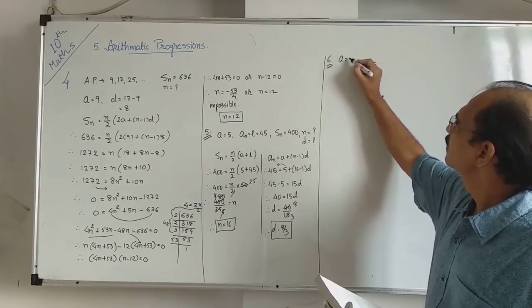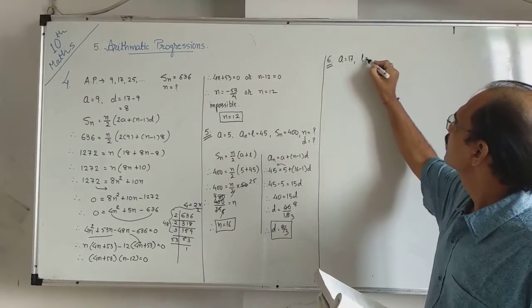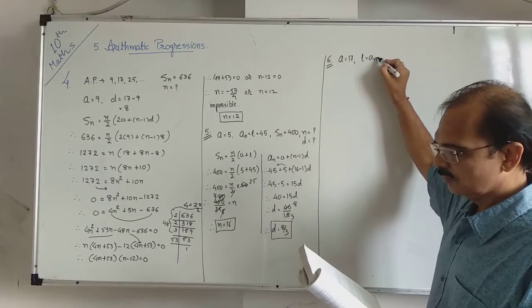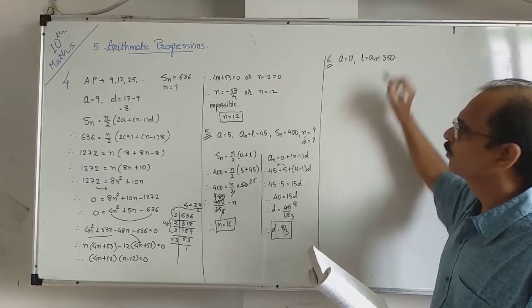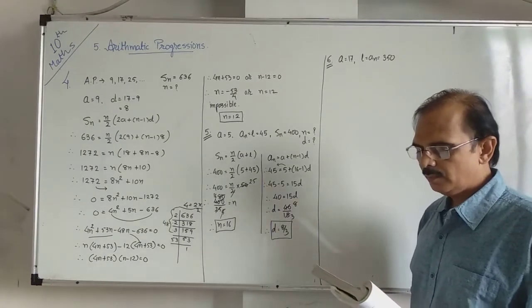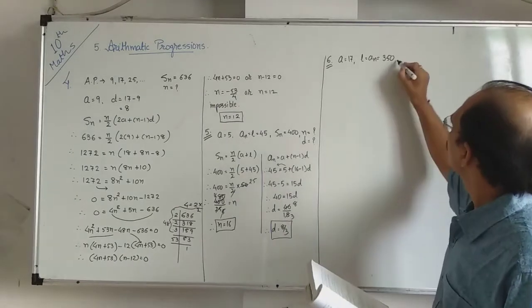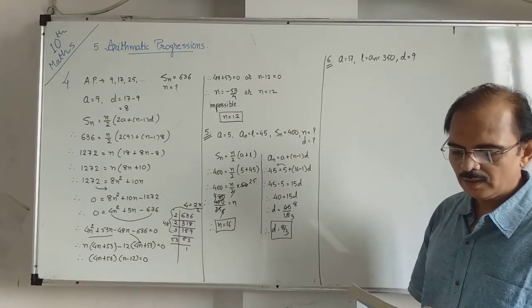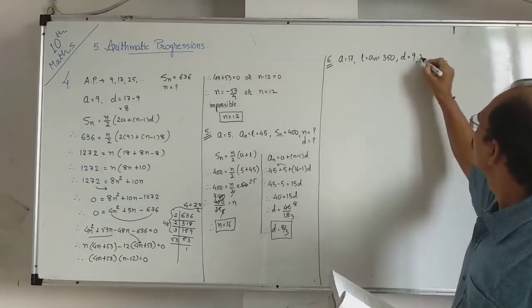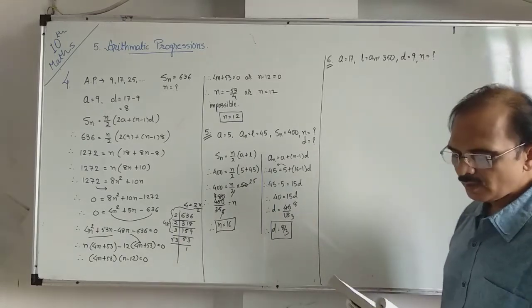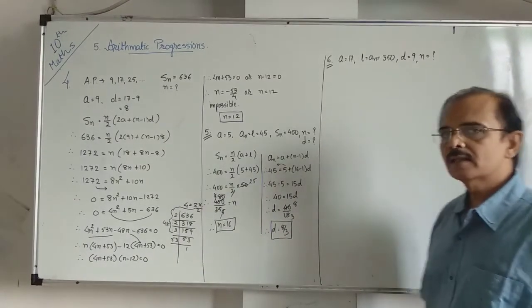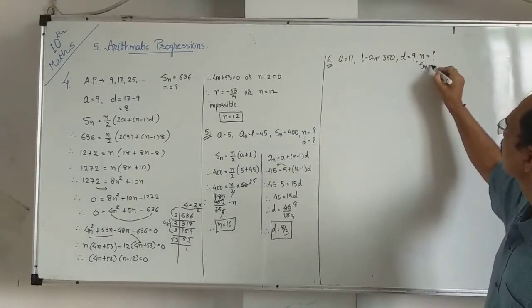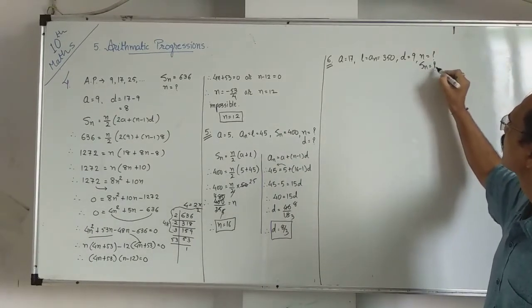First term is 17 and last term, an, equals 350. If the common difference is 9, common difference d equals 9. How many terms are there, means find out n. And what is their sum, means find out Sn. Sum means total.